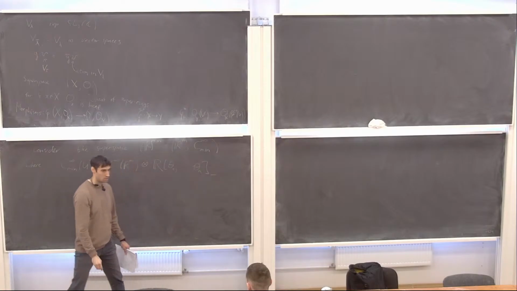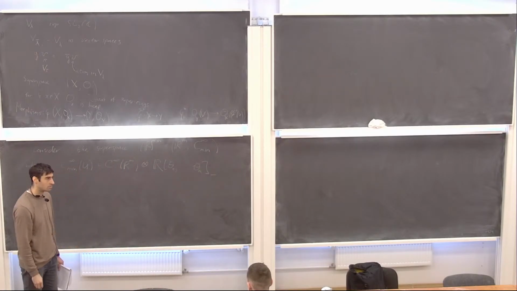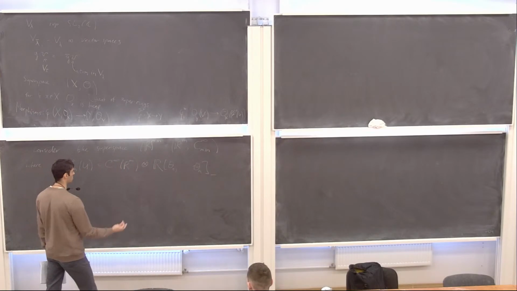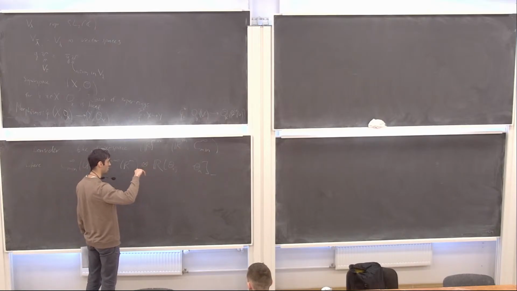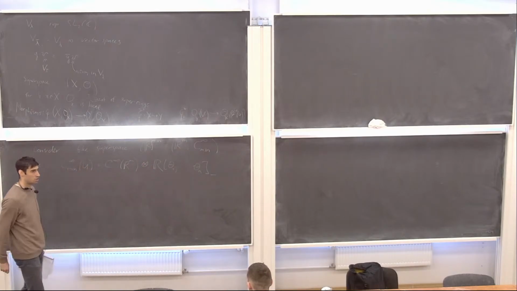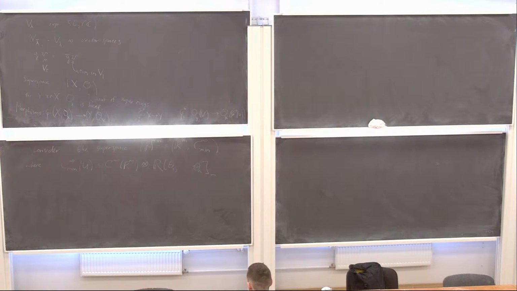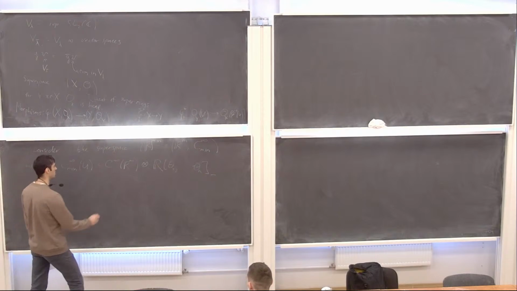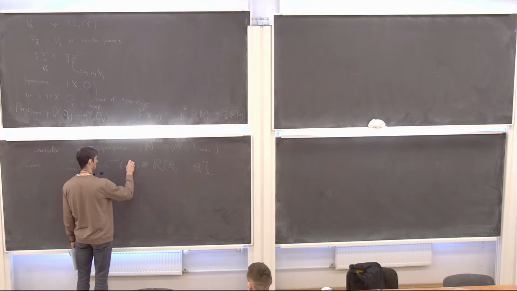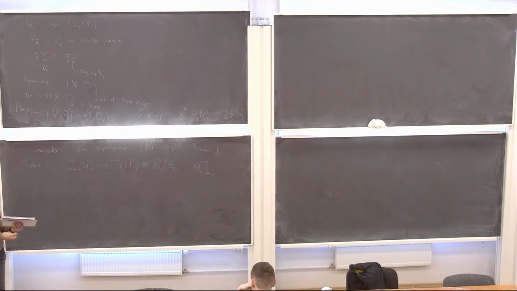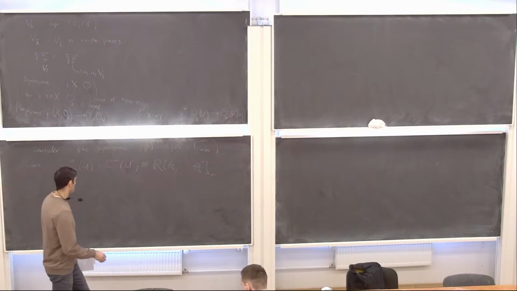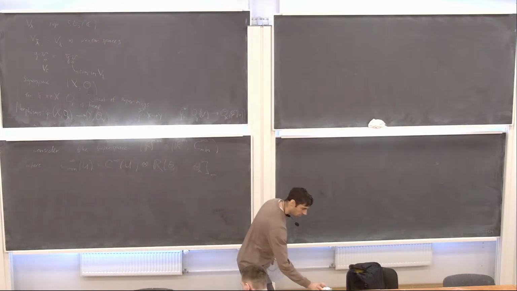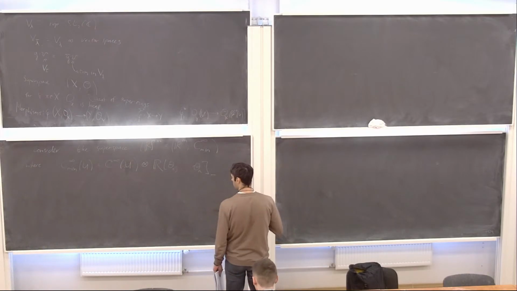We had this notation, right? So it's the free algebra generated with relations theta i theta j equals negative theta j theta i. That's it.